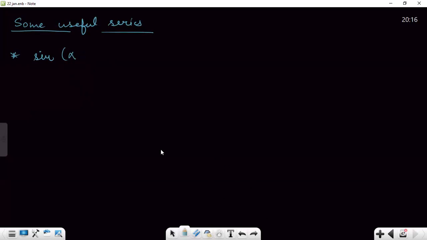First, let's say sine alpha, then sine of alpha plus beta, plus sine of alpha plus 2 beta, and so on. The nth term will be sine of alpha plus n minus 1 times beta. That is the nth term.